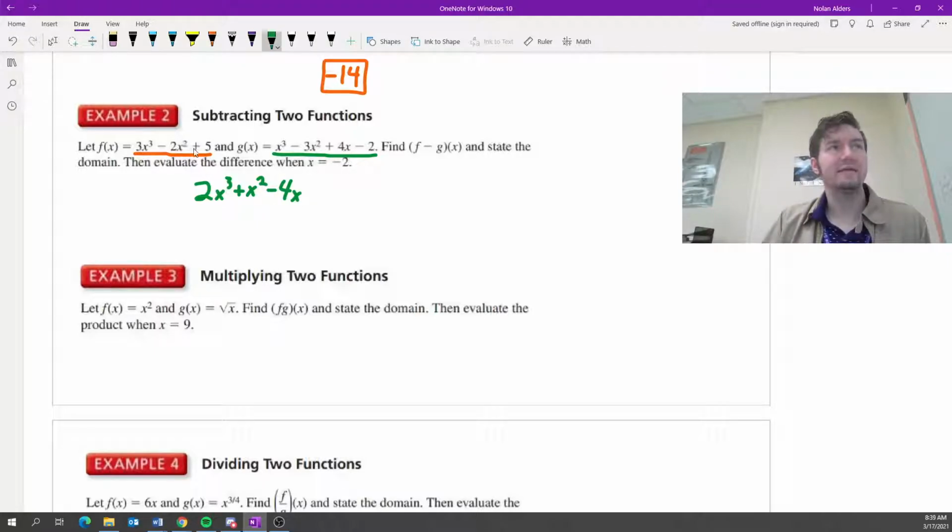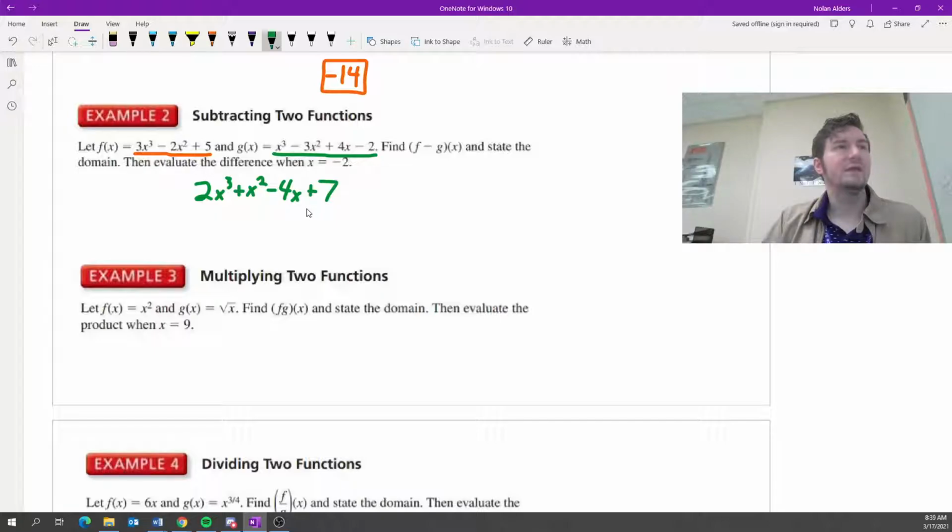So we didn't have an x over here, so we counted that as a 0x. And then finally, our constants: 5 minus negative 2 is a positive 7. So here you go. This is your new f minus g of x, this new function where we subtracted the first function minus the second function.